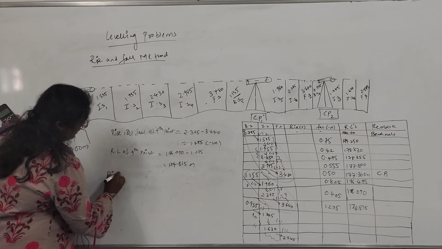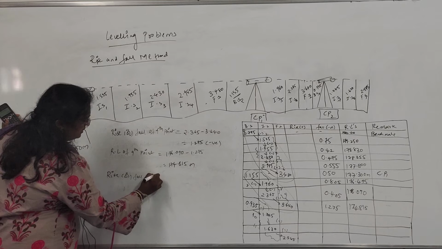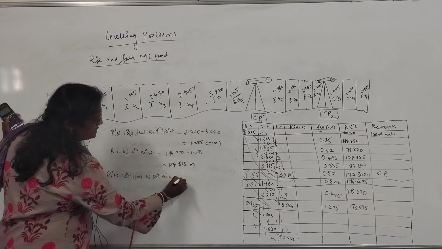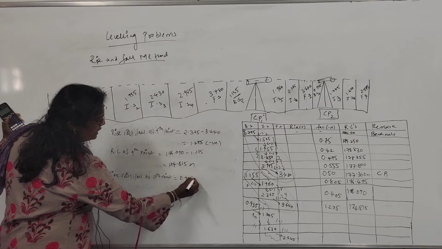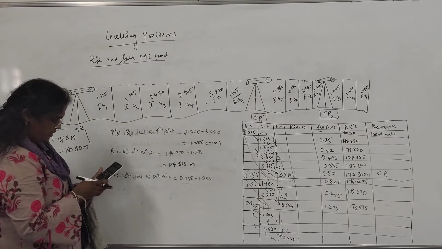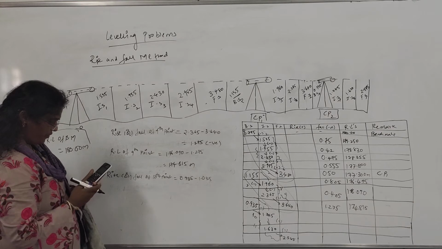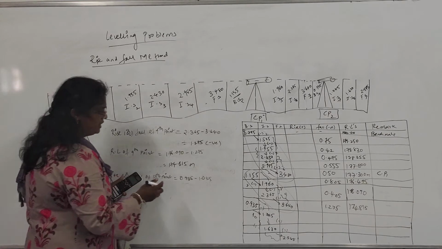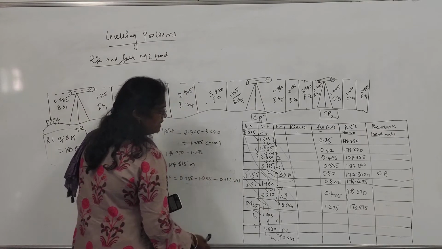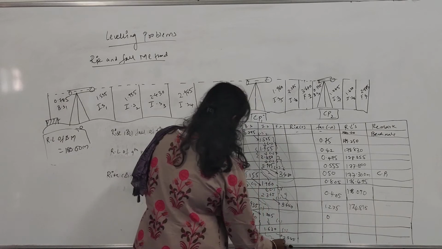Now rise or fall of the 10th point will give you how much? 0.935 minus 1.045. That will be 0.11 negative. Again place the value in fall.